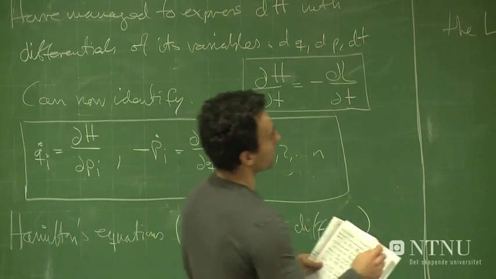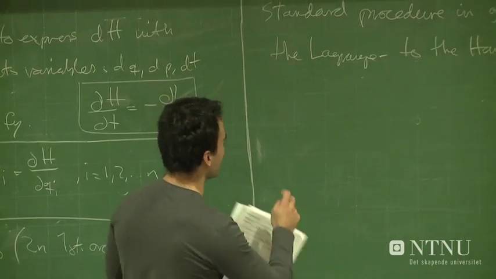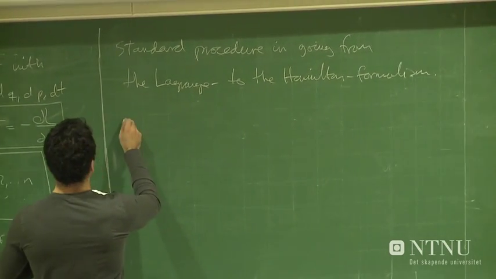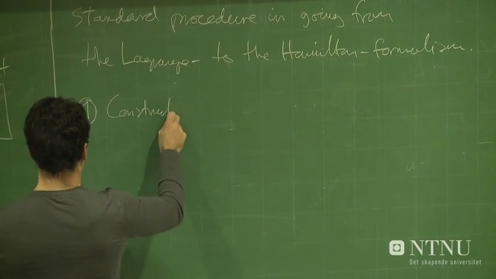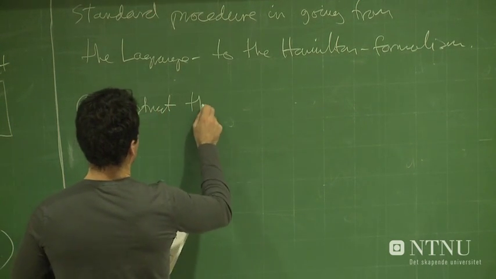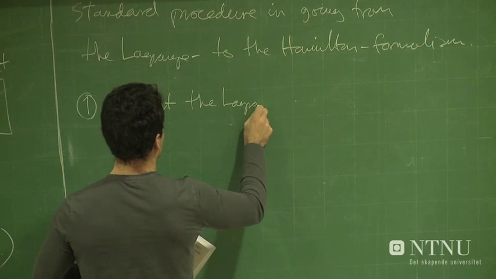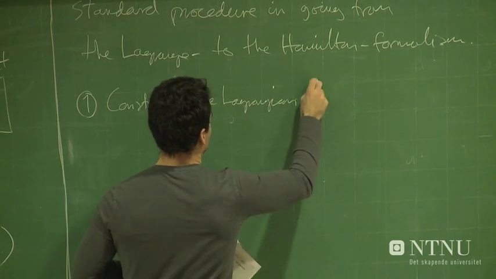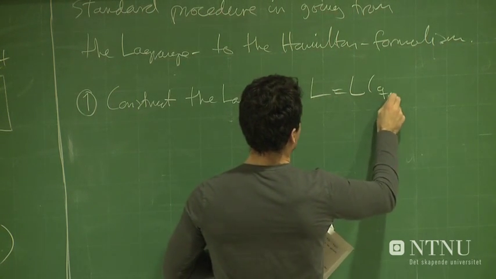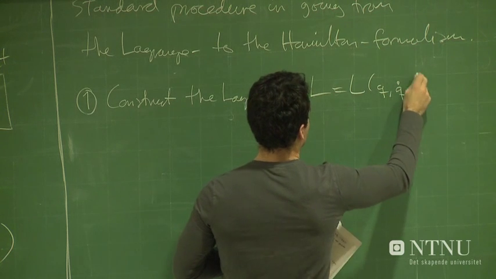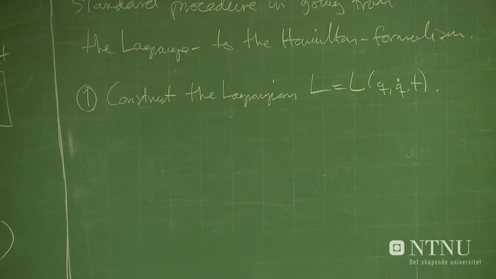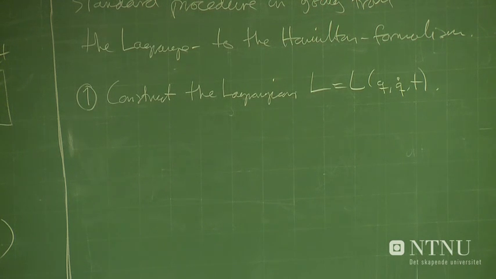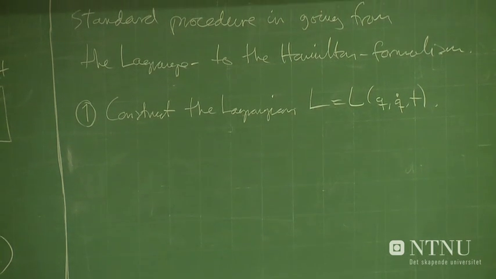All right, so the procedure goes as follows. The first step is what you're already accustomed to, namely write down the Lagrangian of the system.